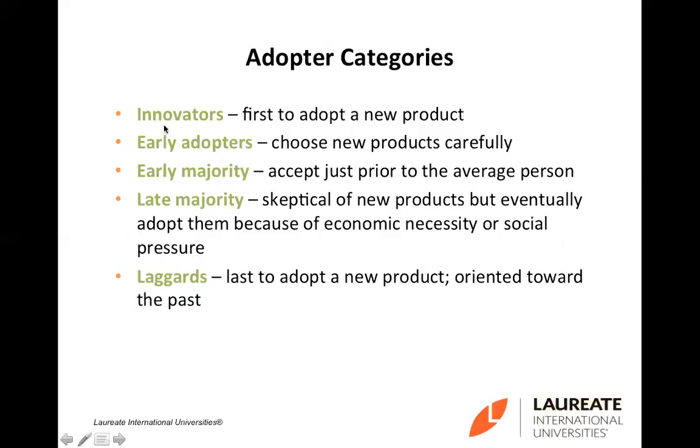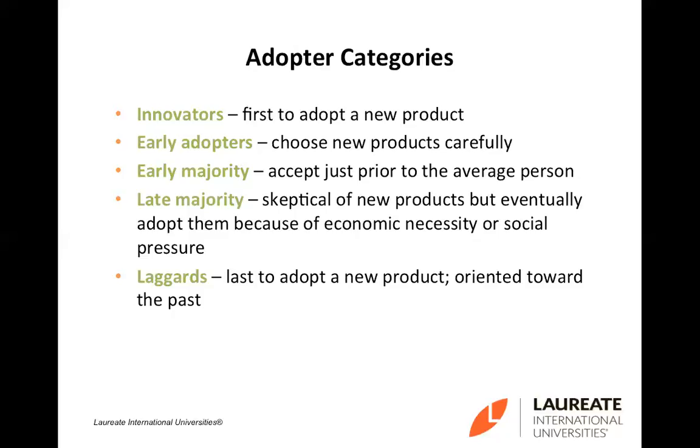Okay, and then the next one is the early adopters who choose the new product carefully. They adopt the new product carefully, and they normally have the charisma to influence the others. They may write blogs, for instance. They may give reviews on these products, and that will be influencing the others. Early majority are basically the group of people who adopt the product before the other people adopt it. Okay, before the average person adopt it.